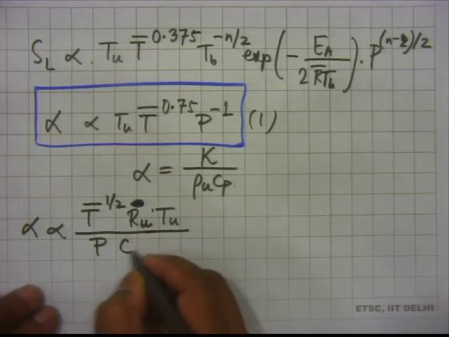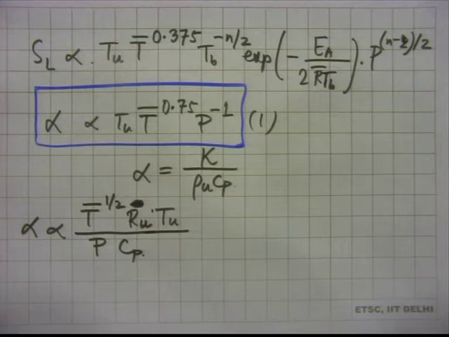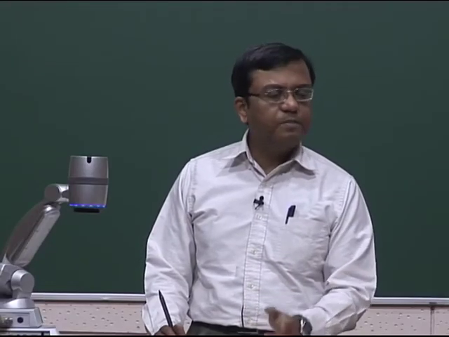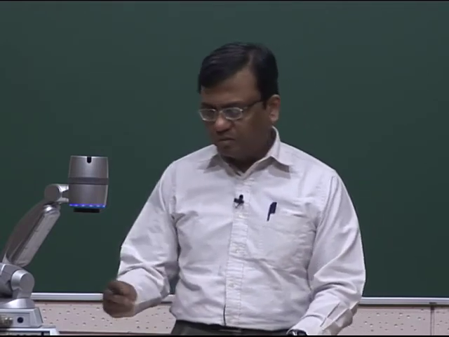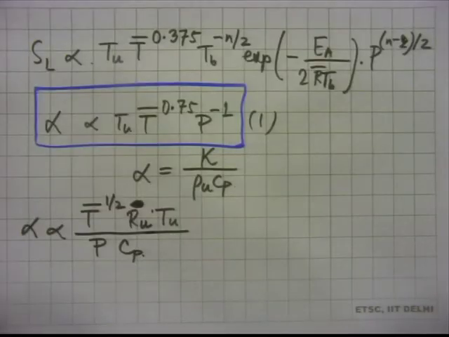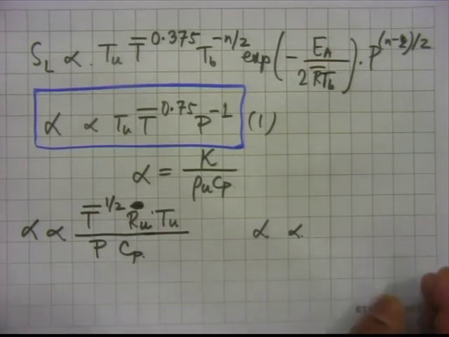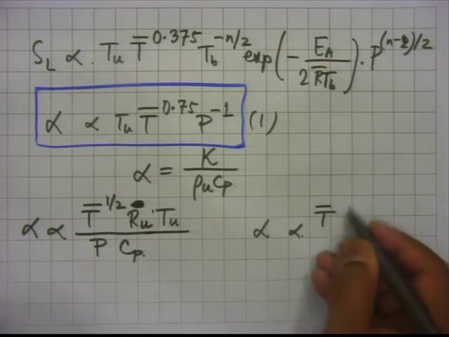Now, the problem is we also have Cp, and there is no easy way of writing the dependence of Cp on temperature, because as you probably all know, Cp will depend on temperature in some polynomial fashion, some series of powers. So, there is no very simple way of writing this, and this tells you that we expect alpha to go with T bar to the power something.